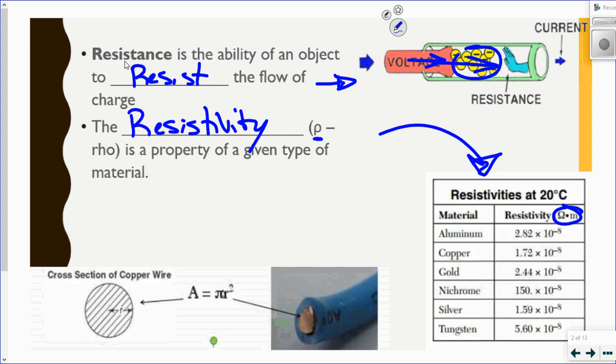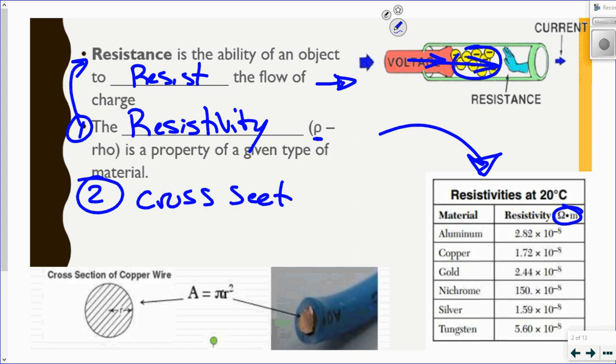So resistivity is one factor that will determine the resistance of a wire or of a material. But there's two other components that are also going to affect the resistance of a material. The second is the cross-sectional area of the substance, and that's what you can see in this picture down here.